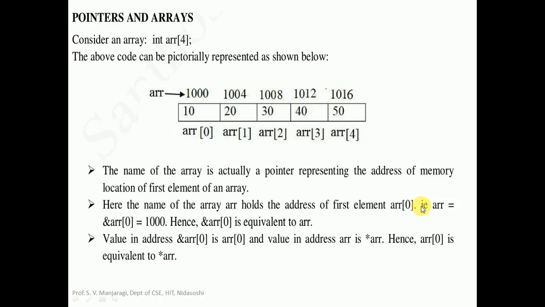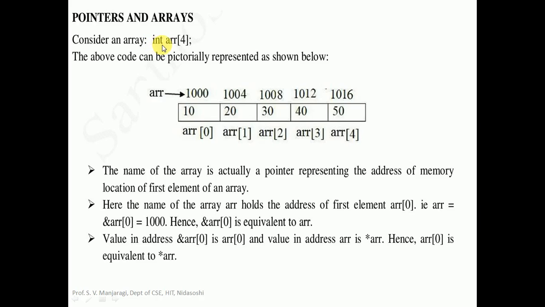Now let us move to the next topic, that is pointers and arrays. Here we will understand how pointers can be used with arrays. Before that, we should understand arrays thoroughly. Let us recall the array declaration that we already learned in the previous modules. Let us take one example.